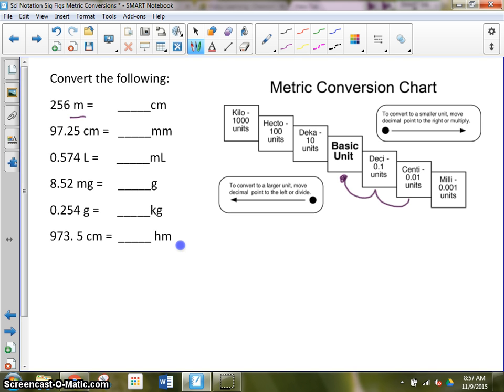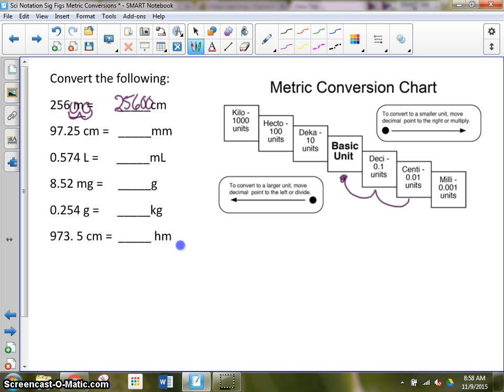So I'd move 2 to the right in order to go to centimeters from meters. That means my number's going to get bigger and my decimal point moves to the right because metric is all base 10. So when I move the decimal place 2 to the right, I see that I have 25,600 centimeters.